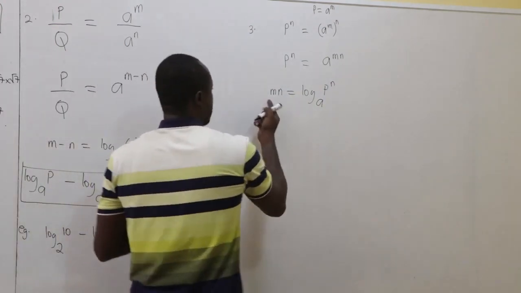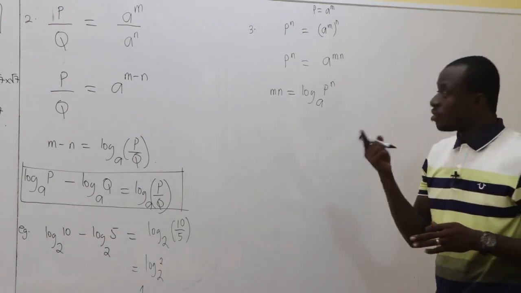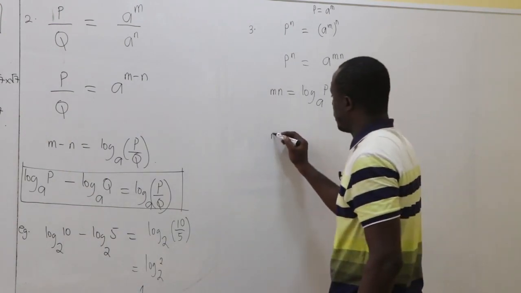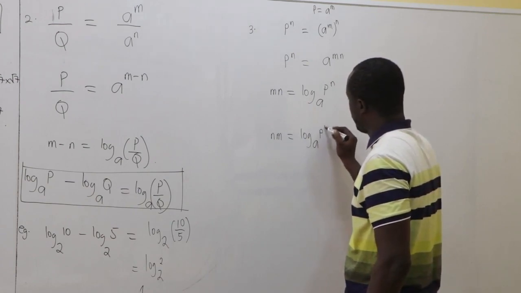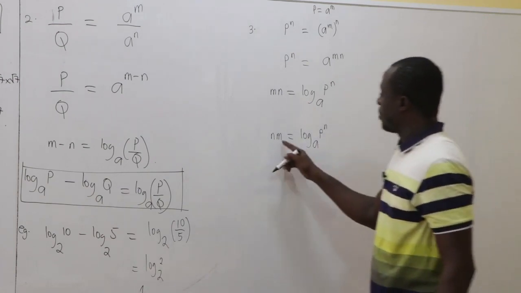Now we know multiplication is commutative, so this is the same as NM, which is equal to log A of P to the power N. Now what is M?